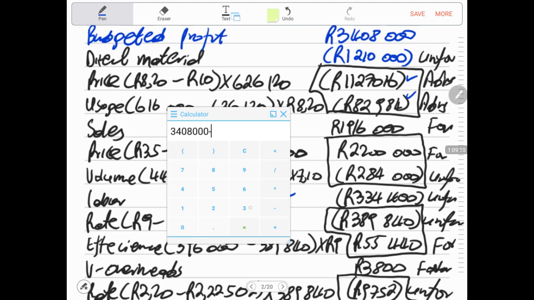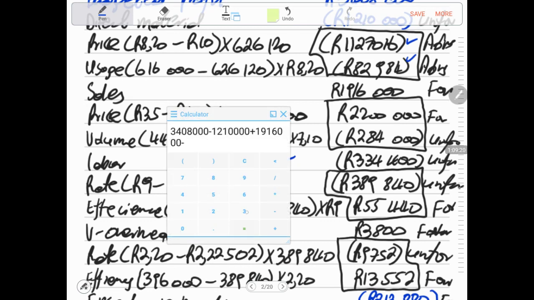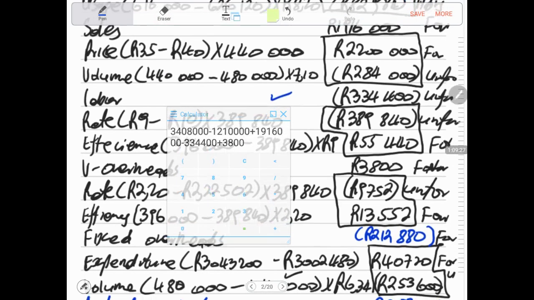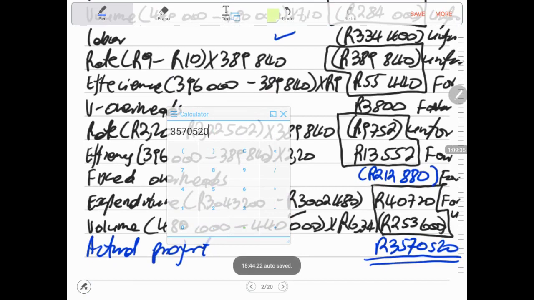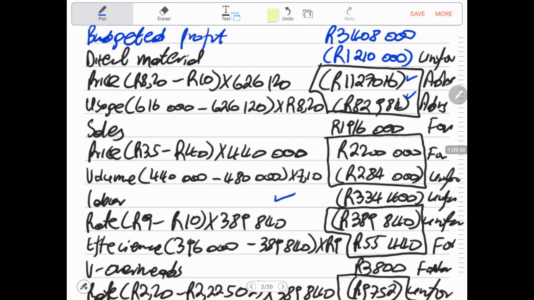3,408,000 minus 1,210,000 plus 1,916,000 minus 334,400 plus 3,800 minus 212,880. Yes, I've corrected all this small calculation that I could not get my answers for.